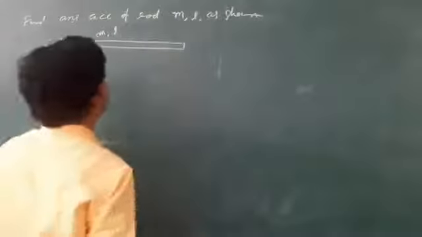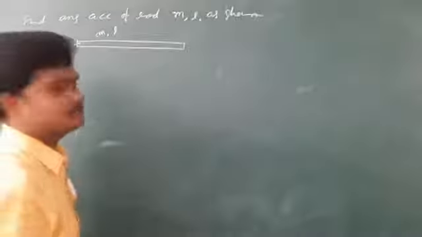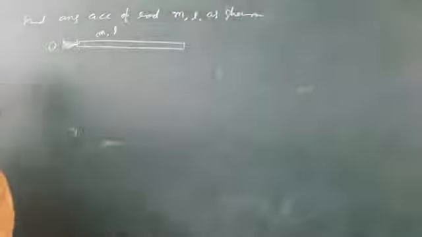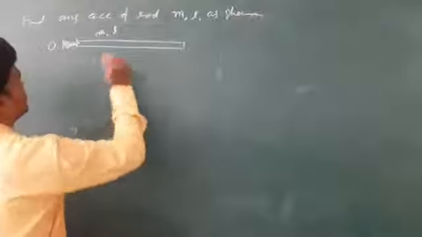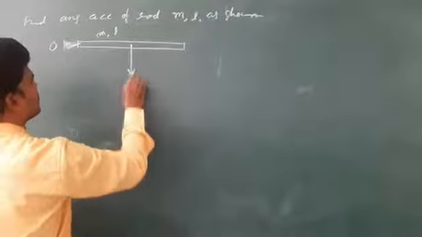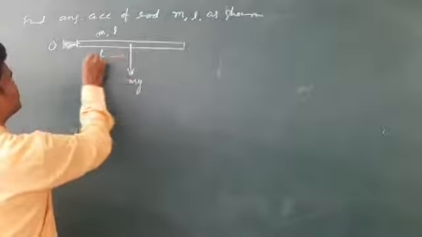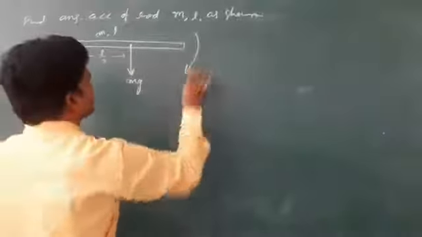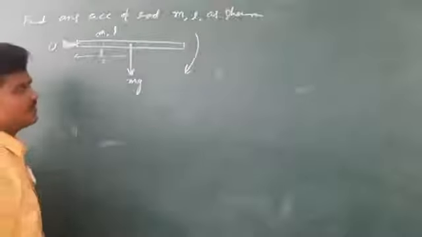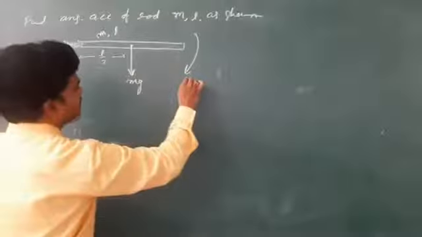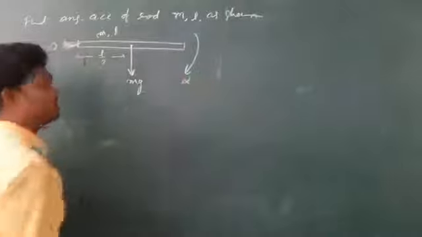They are asking to find the angular acceleration of the rod. So anyhow, the weight of the rod acts downwards at a distance of L by 2. So due to this weight, the rod rotates freely with angular speed omega and angular acceleration alpha.